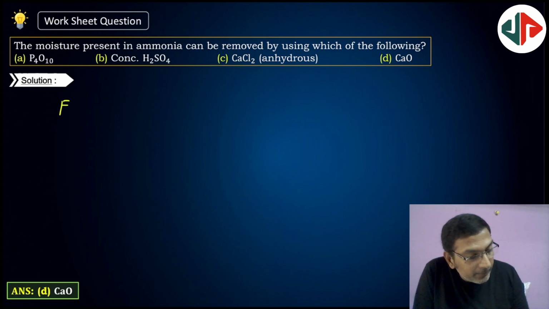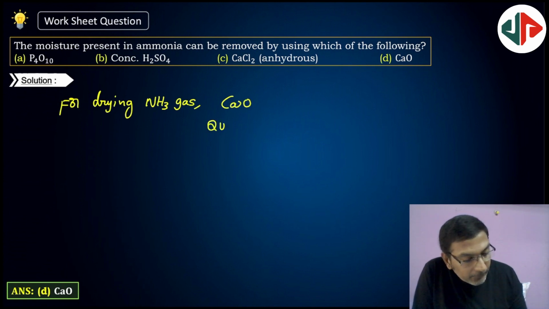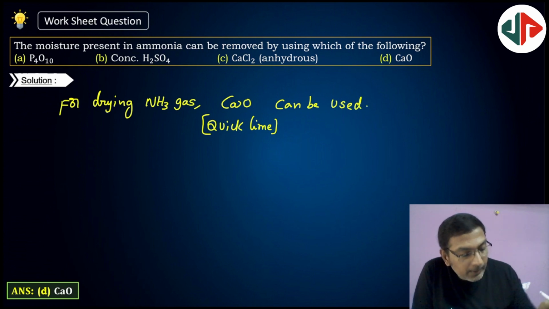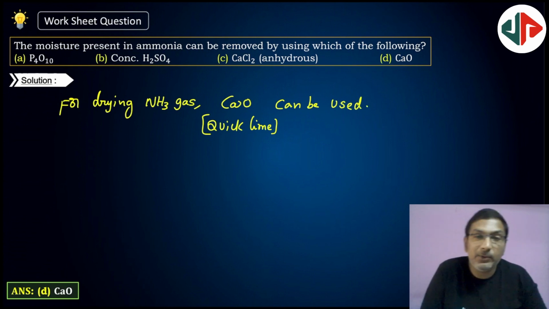So for drying ammonia gas, CaO quicklime can be used because CaO does not react with NH3 gas.